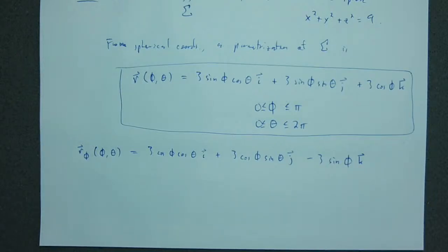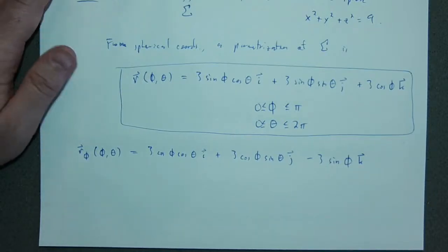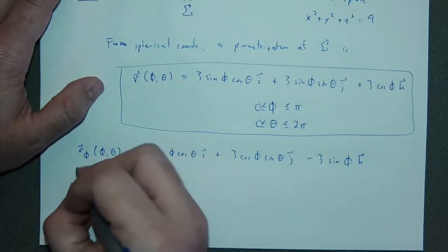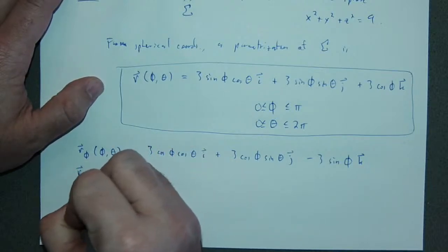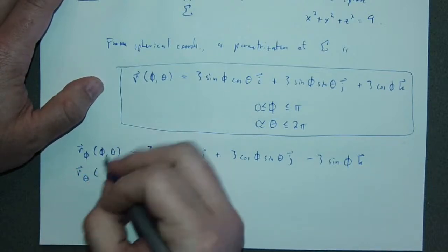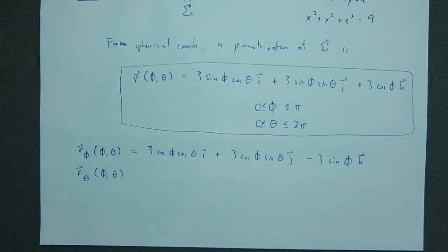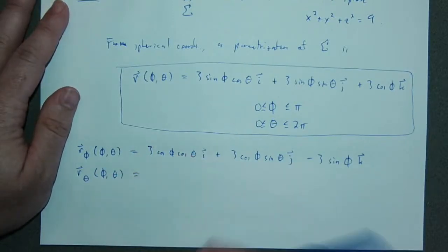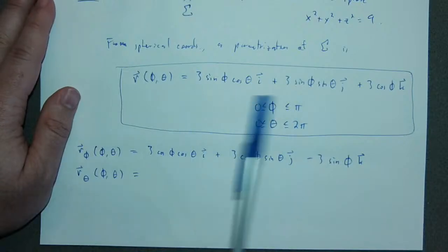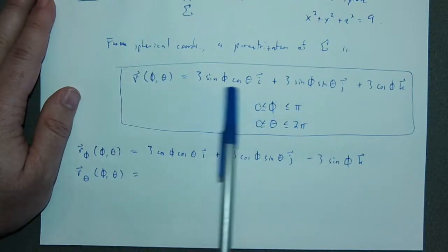All right. The next one is with respect to theta. So r sub theta of phi theta is the theta partial of the parameterization.